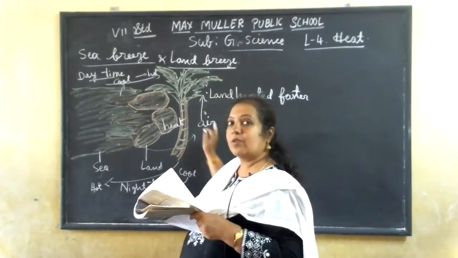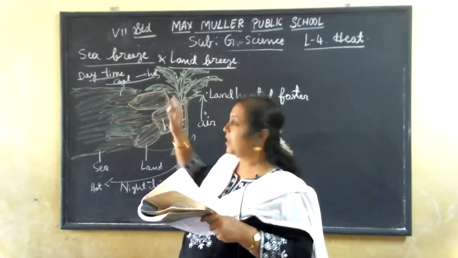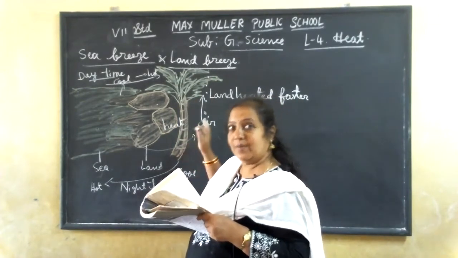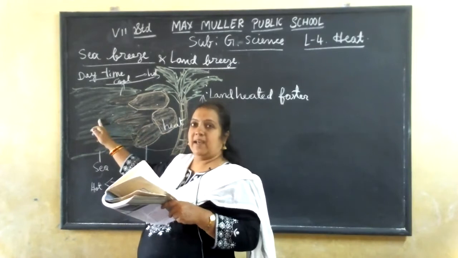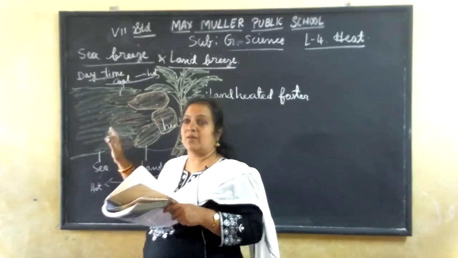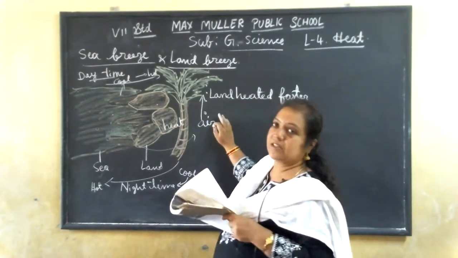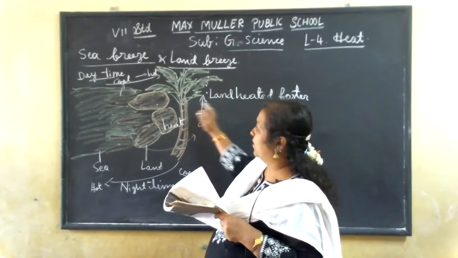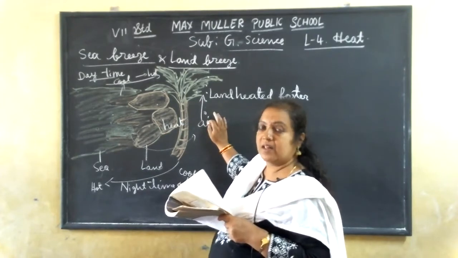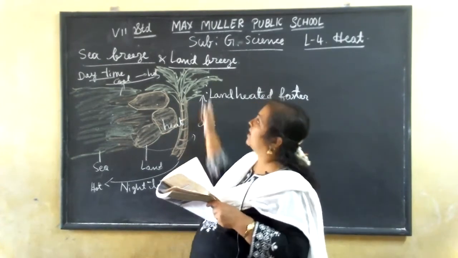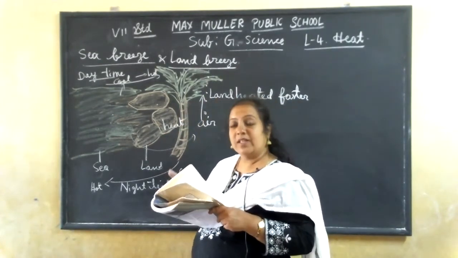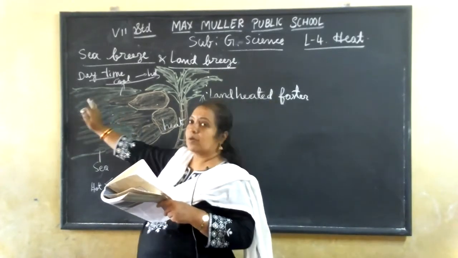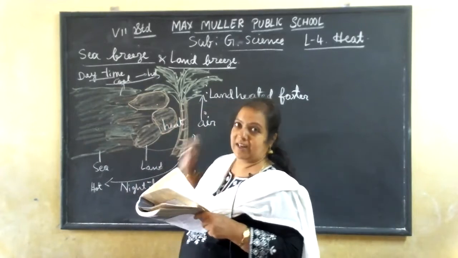As these air molecules go upwards, that area is vacant. When it is vacant, immediately the air which is present above the sea rushes towards the land, so that it will be occupied here. Then again it is heated by the sun and it moves up. So in this way, the air breezes from the cooler zone to the hotter zone.